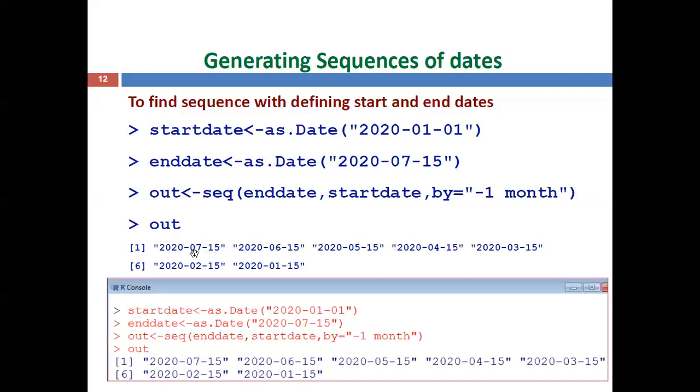Now you can see 15th July 2020. Then decrement by 1 month, -1. So then June 15th, then May 15th, then April 15th, then March 15th, then February 15th, then January 15th. So -1 month. Till your end value reaches, it displays all the dates from starting to ending.